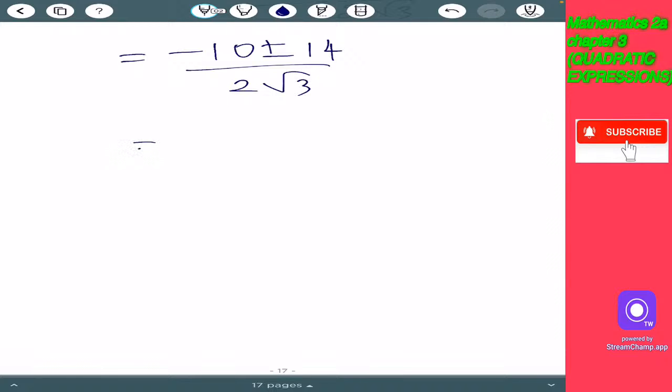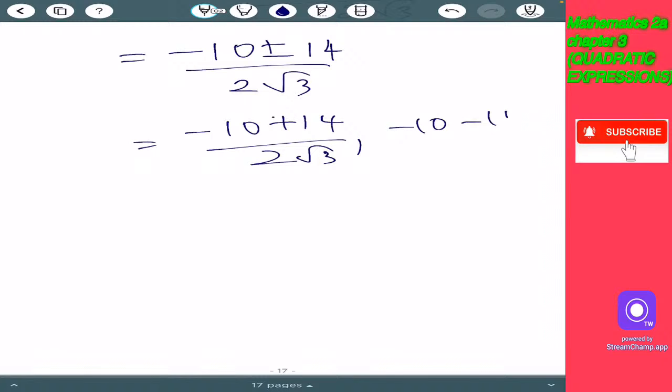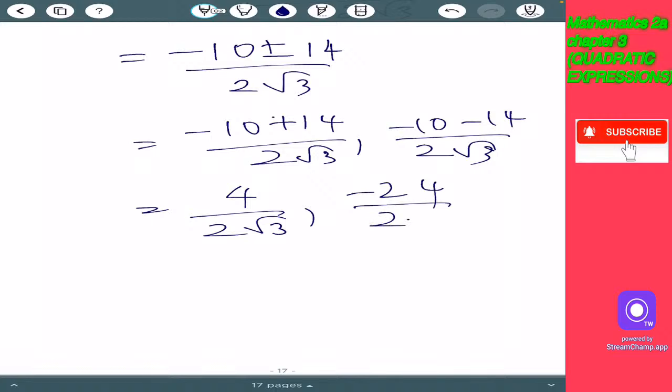If you want to split this, you'll get minus 10 plus 14 divided by 2 root 3 and minus 10 minus 14 divided by 2 root 3. If you go for that, you'll get 4 by 2 root 3 and minus 24 by 2 root 3.